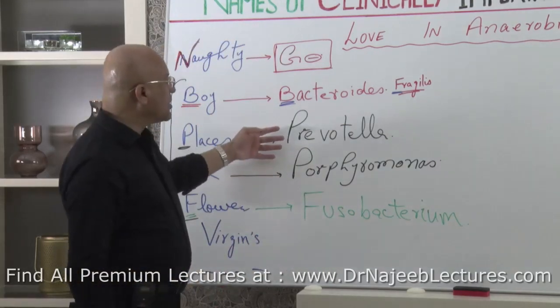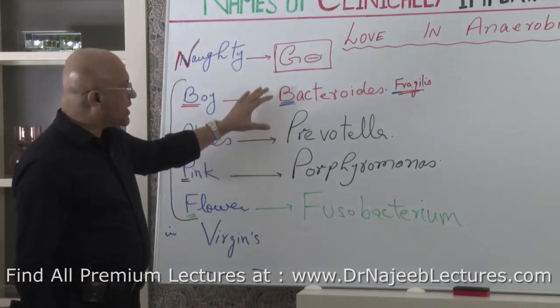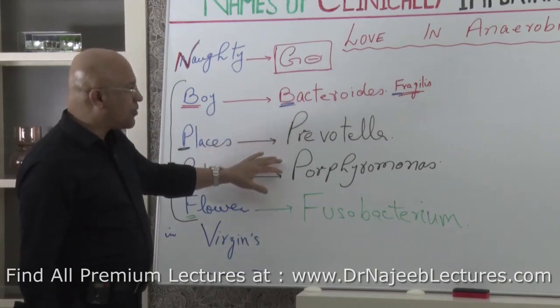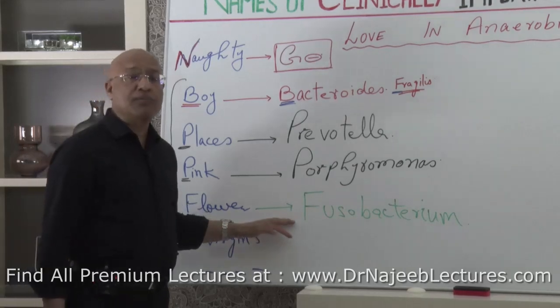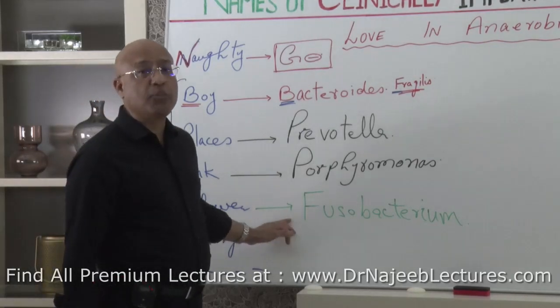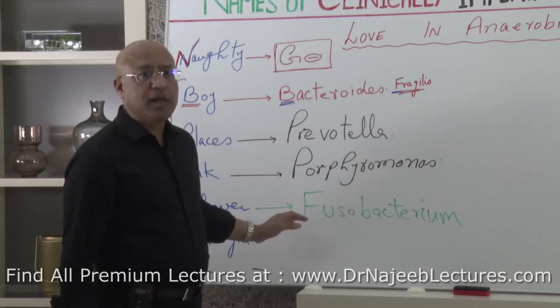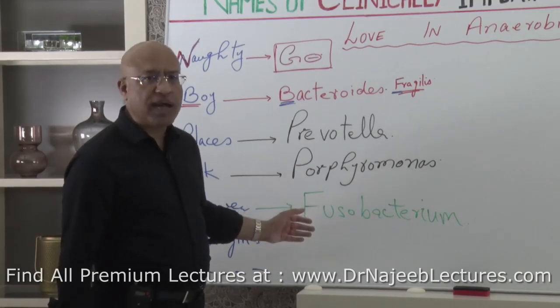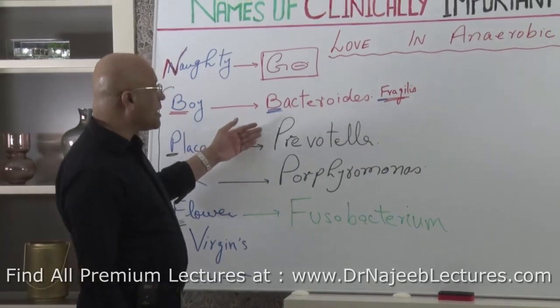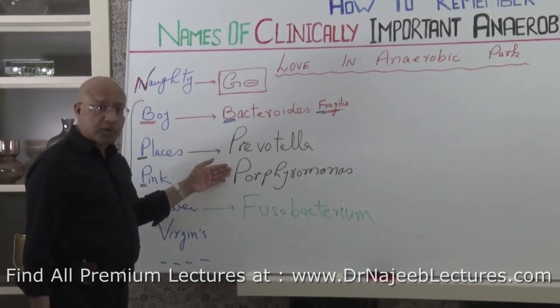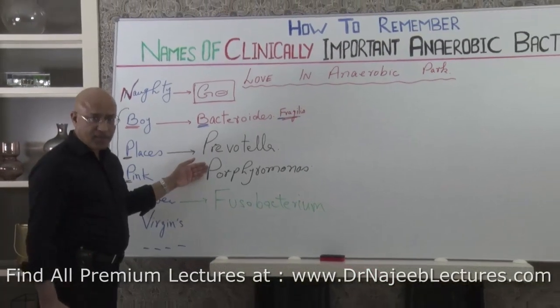These Bacteroides, Prevotella, Porphyromonas and Fusobacterium are commonly part of our anaerobic microbiota in the oral cavity, in the lower gut, in the female genital tract, or even in the skin, right? What kind of diseases Prevotella and Porphyromonas produce, we'll discuss later.